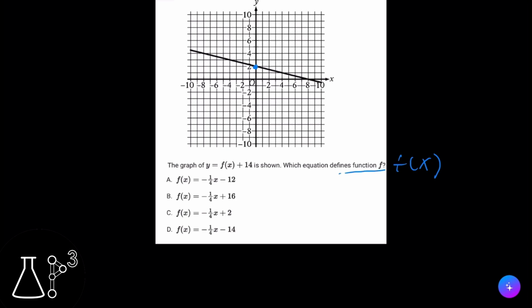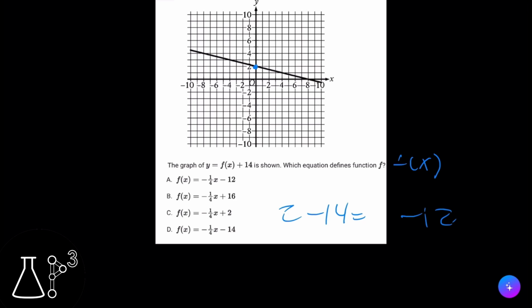In order to look for the original function f of x, I am going to have to take y equals f of x plus 14 and then subtract 14. So I'm going to do 2 minus 14 to figure out the original y-intercept of f of x, which equals negative 12.